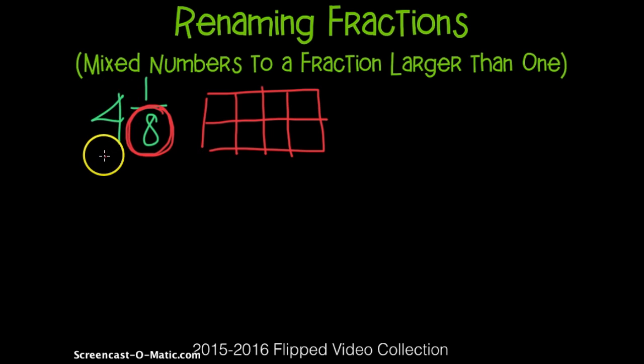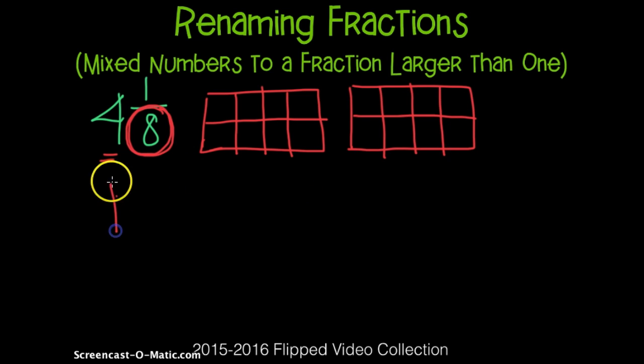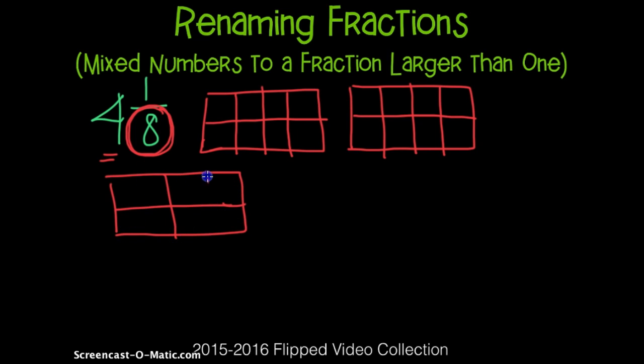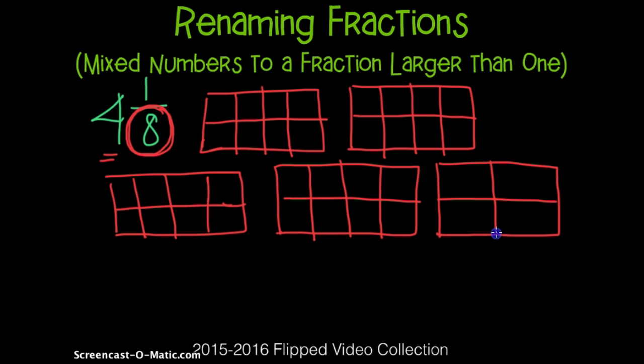I know that I'm looking at my whole, and there's 4 of these, so I'm going to need to draw 4 of these models to represent my whole number. So there's my 4, and then I'm going to use this as my 1/8 that's left over.